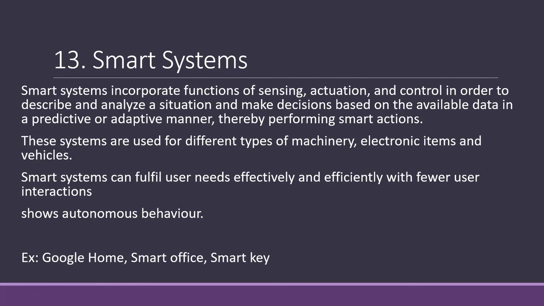The next system is smart systems. A smart system is a system which brings sensors, actuation, controls, and everything into one in order to make decisions based on the current data and predict something in order to take some kind of smart actions.